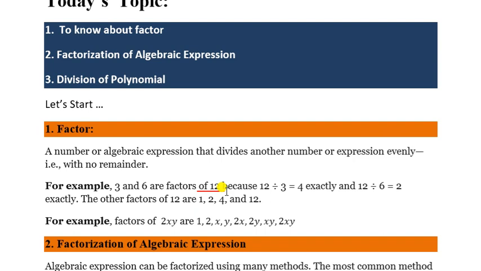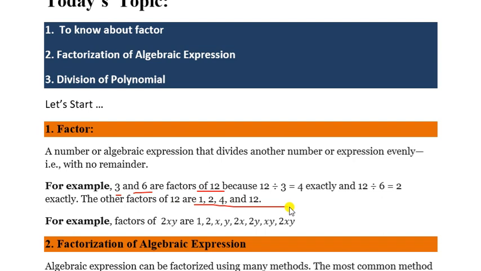See, 1 divides 12, similarly 2 also divides 12, 3 also divides 12, 4 also divides 12, 6 also divides 12, and 12 also divides 12. So how many factors will we get for 12? 6 factors. See, it's written completely: 1, 2, 3, 4, 6 and 12. So you will get 6 factors for 12.